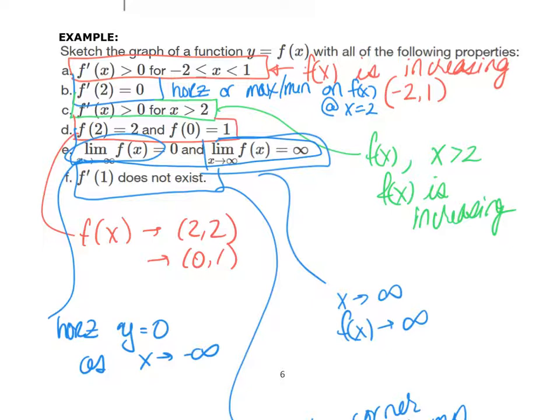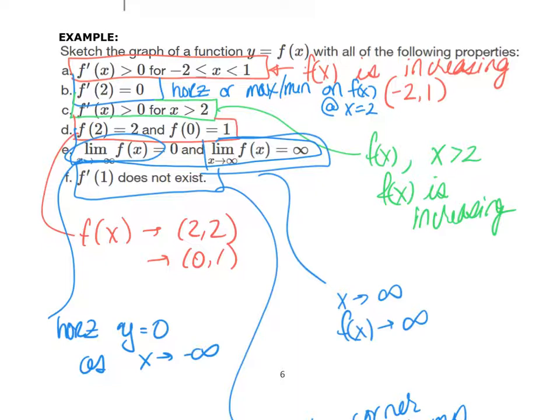Okay? I'm not going to have a vertical asymptote, because if I had a vertical asymptote at 1, on this side I am decreasing, so that would make no sense because I know in that interval I am positive.